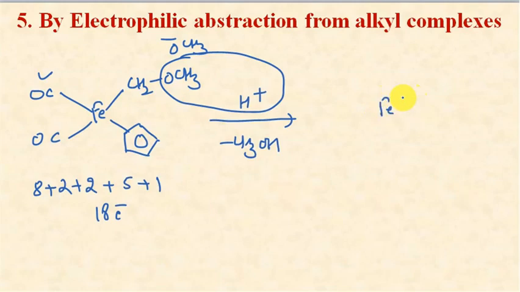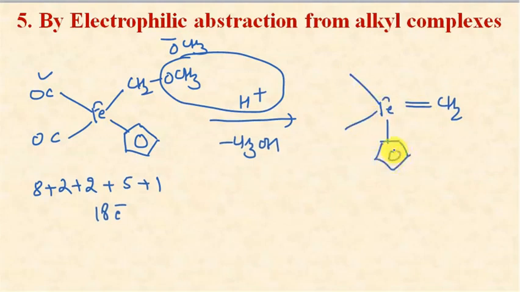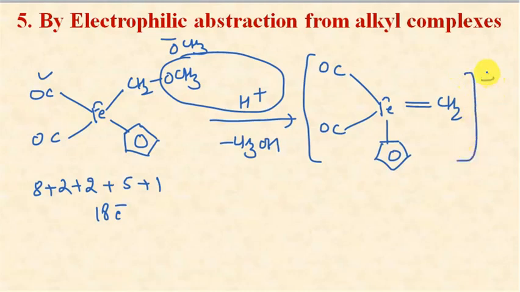We will get Fe double bond CH2, and these are the three substituents: 1 eta 5 cyclopentadienyl, 2 CO substituents, and because there is loss of the methoxy substituent, there is a positive charge outside the coordination sphere. So again we have 18 electrons for this compound. This was the fifth method for the preparation of metal carbenes, and again particularly Fischer carbenes.